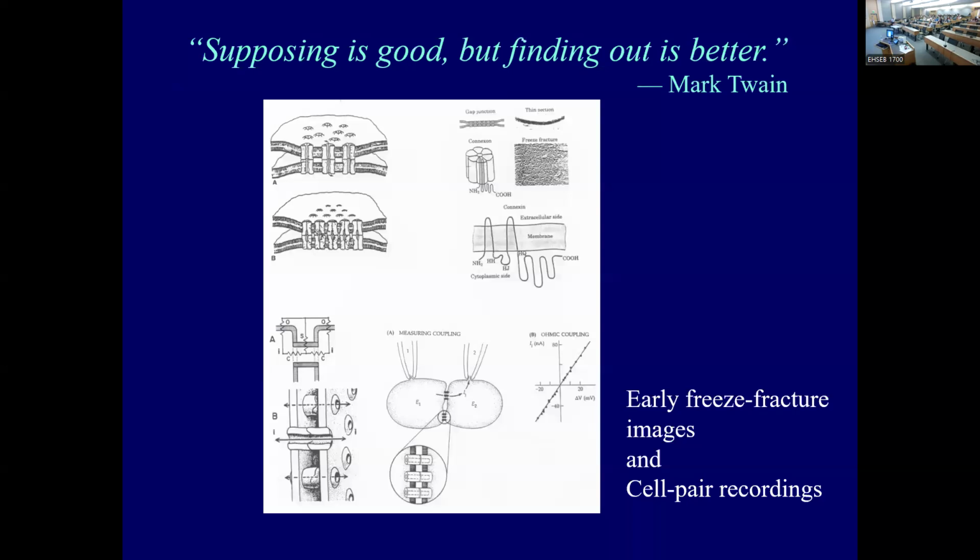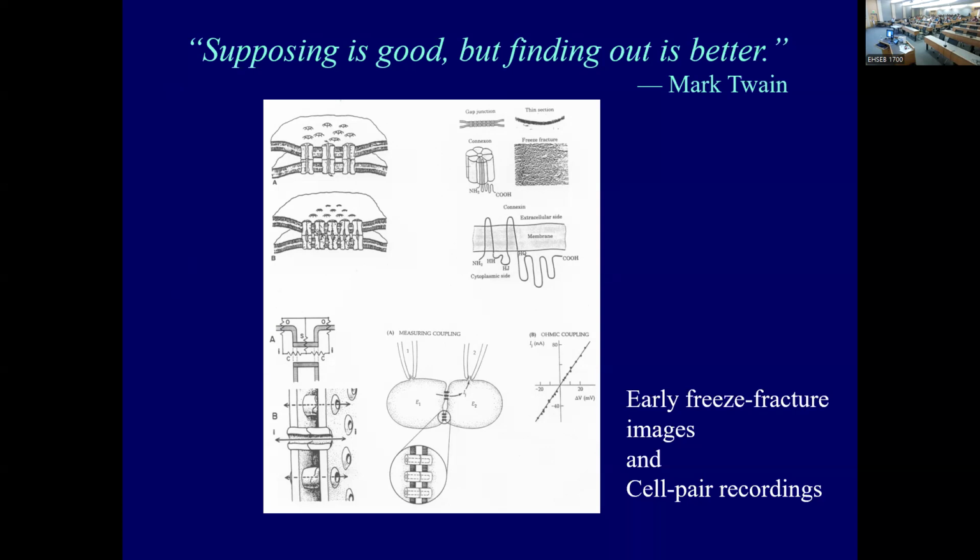So I'll show you what was known early on about gap junction structure. And this is from early experiments of what's called the freeze fracture technique. You deep freeze the cells very quickly, and then they cleave and separate at the gap between the two cells.